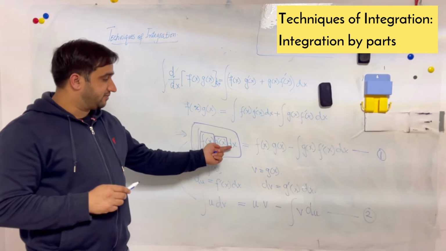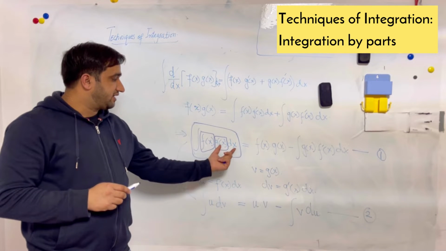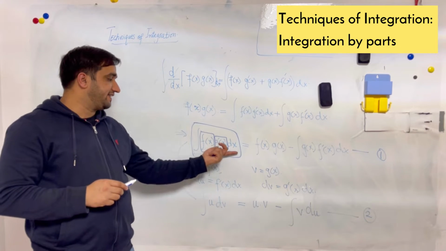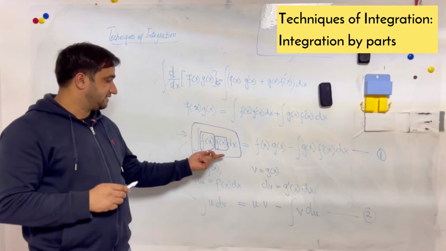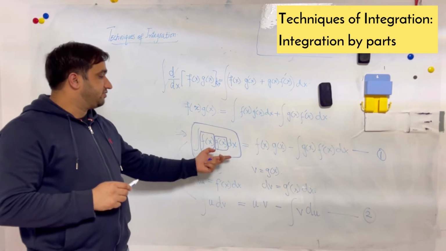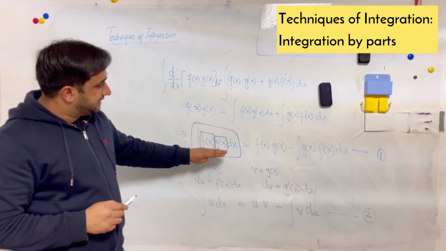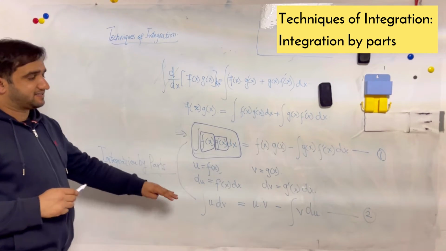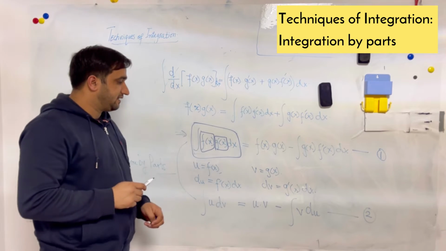We will do an example and you will see this. You are making two parts of the integrand, and when you make the parts, you apply this formula and it will give you the answer of the whole integral.